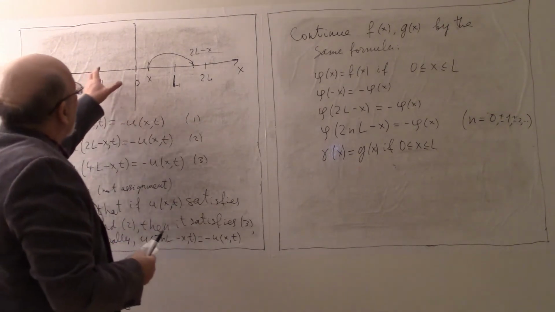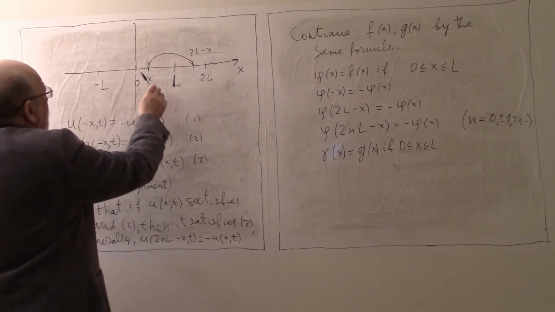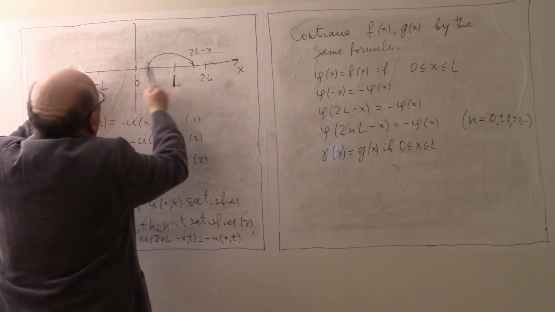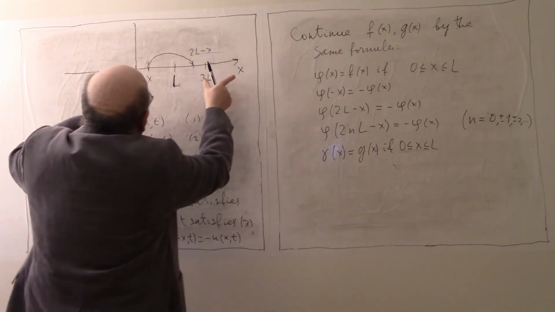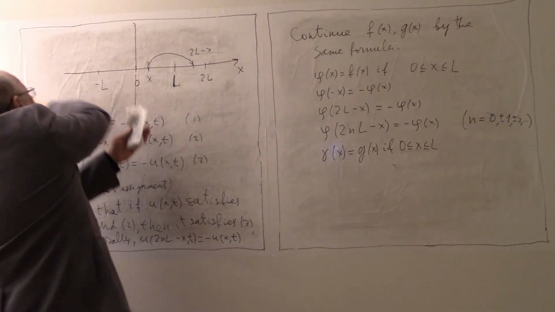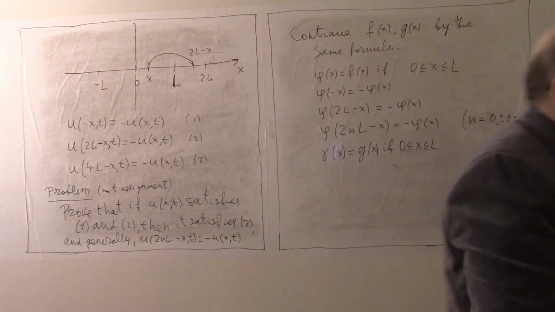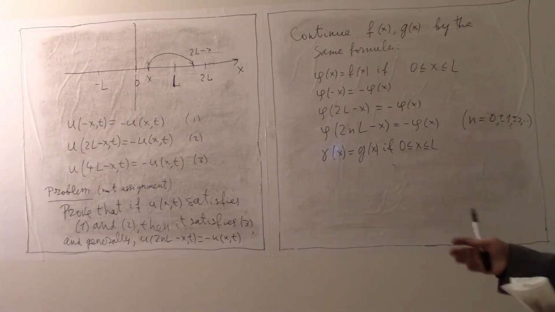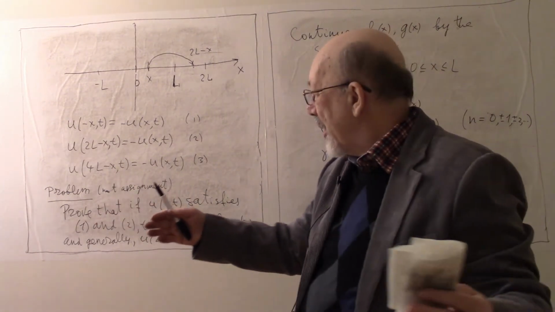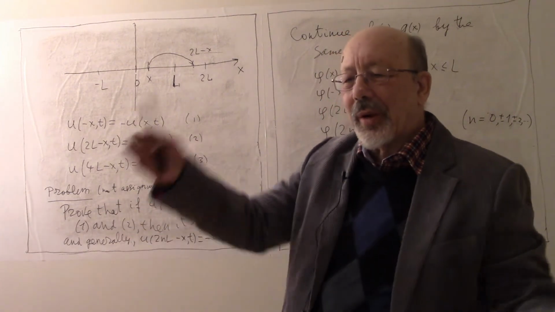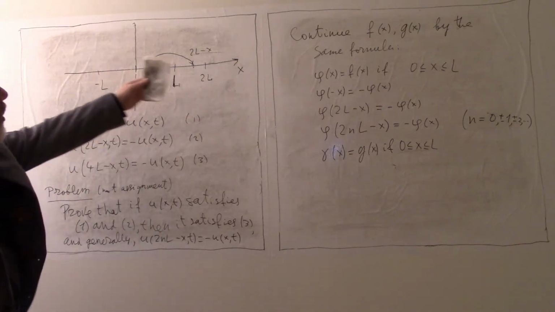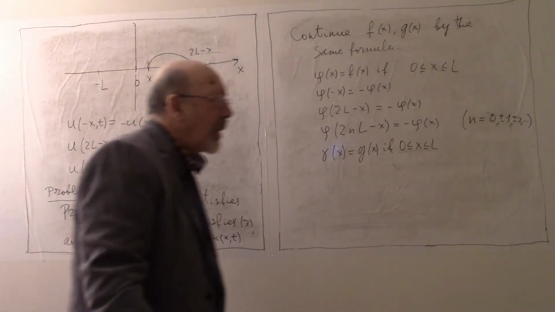Now, after this, we take this interval from minus L to L and flip it from L. So here is from L to 3L. Yes. Then we have a function defined already here. Then we continue it further using the same reflections. But every time the interval on which the functions phi and gamma are defined becomes longer and longer. So eventually we'll define it on the whole line. That's it.